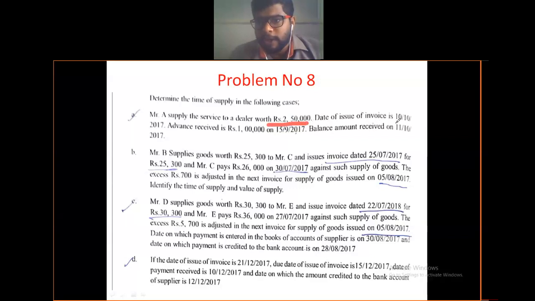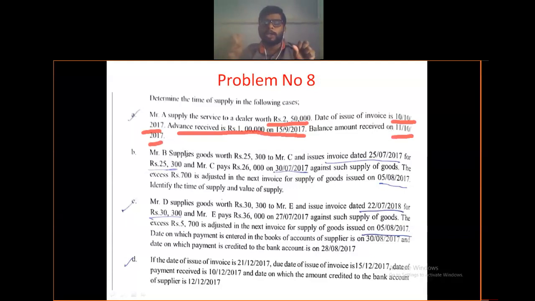Date of issue of invoice is 10/10/2017. Underline the date. Date of issue of invoice is 10th October 2017. Advance received is 1 lakh rupees on 15/9/2017. Balance amount received on 11/10/2017.